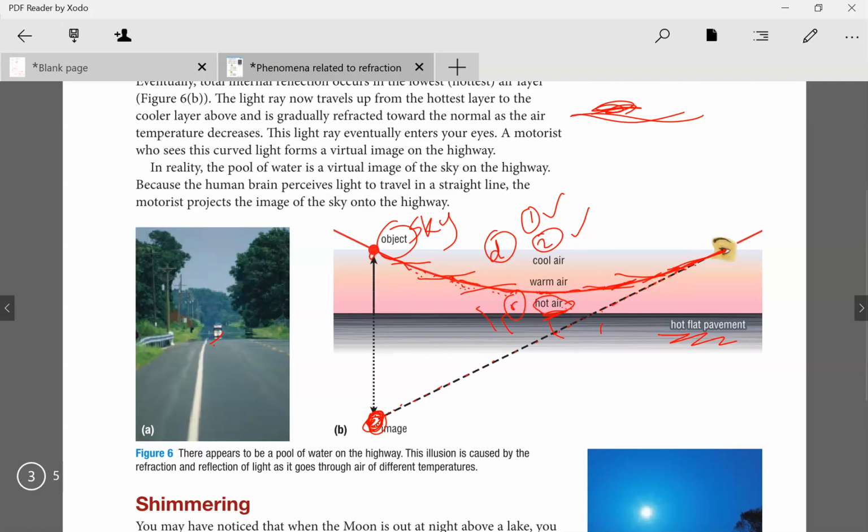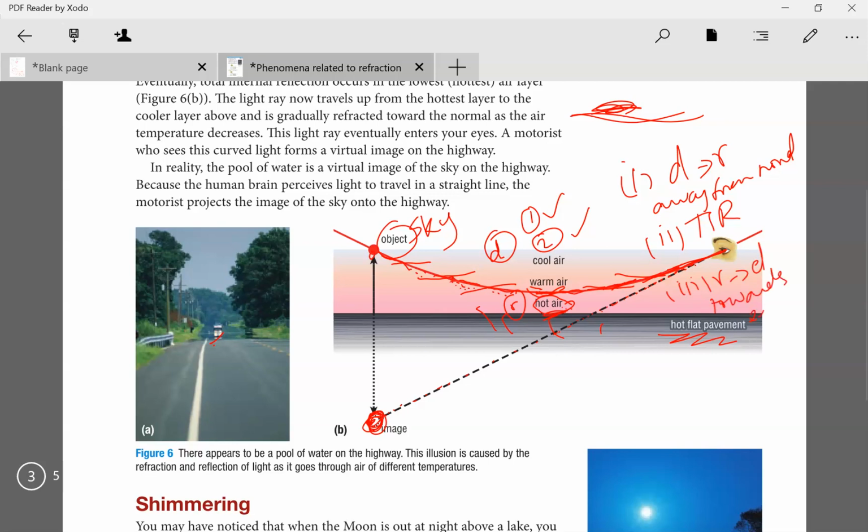right? Because of this. So first, going from denser to rarer, it's bending away from the normal until both conditions are satisfied for total internal reflection, after which it reflects back, and then you move from rarer to denser towards the normal until it reaches your eye.